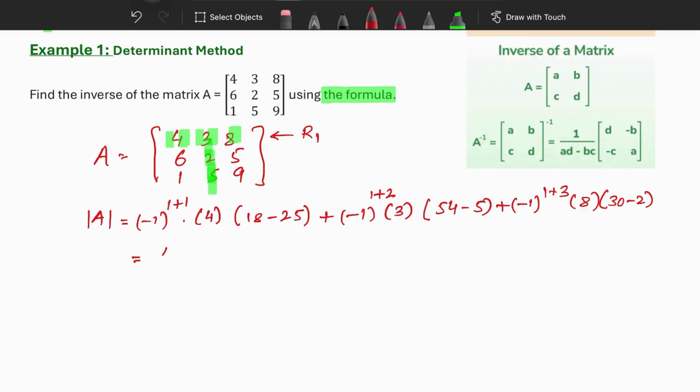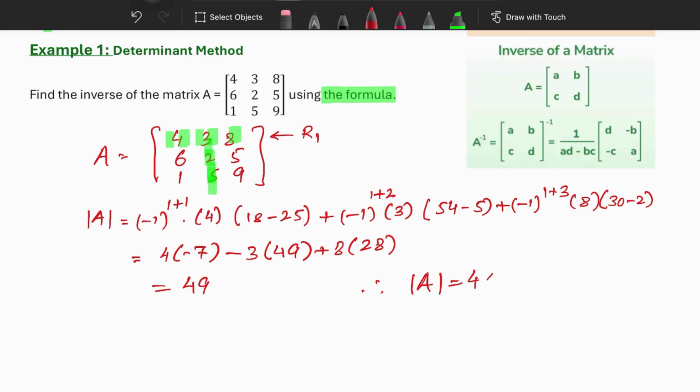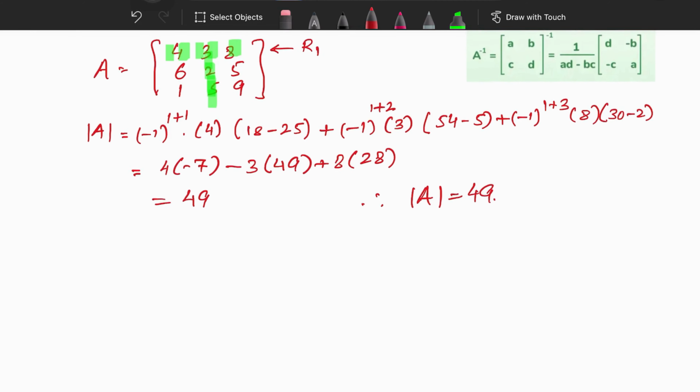So this is equal to 4 into negative 7, if you simplify, and this is going to be minus, now it's not plus, so minus 3 into 49, plus 8 into 28. If you simplify all this together, you will get 49. Therefore my determinant of A is equal to 49.